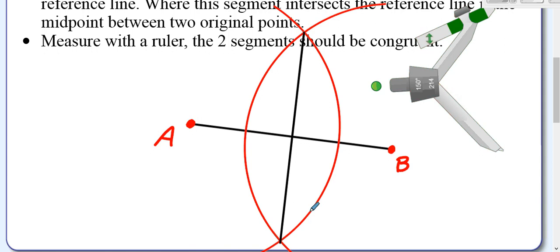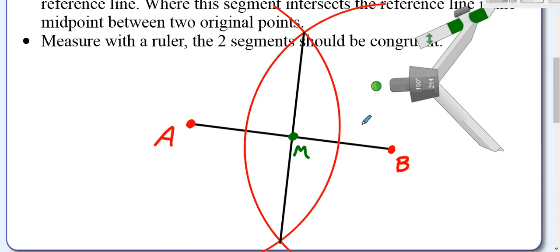Where you drew in those laces, that line that connects the top of the football to the bottom of the football, that intersection right there is the midpoint. So I'm going to label it M. Since that's the midpoint, that means the left side from A to M and the right side from M to B are the same length.